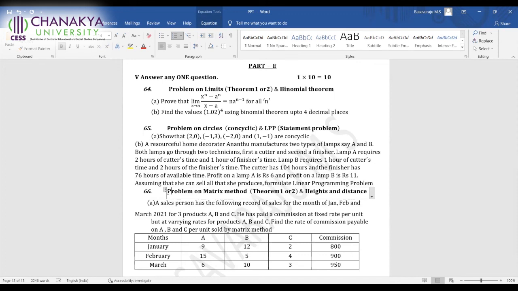Children, my suggestion is how to manage the timing so that you can attempt all. First do only 10 problems in part A, only 10 questions in part B, only 10 questions in part C, only 5-6 questions in part D, and one question in part E. Don't do any extra in the beginning when you're writing the answers.